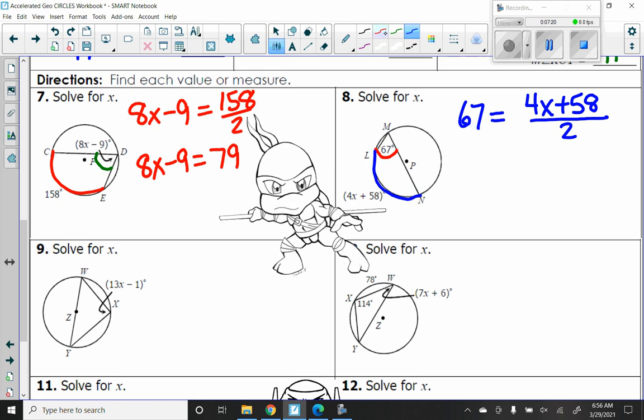If I multiply 2 to both sides, just to get rid of that 2, putting 67 times 2 in my calculator, I get 134 equals 4x plus 58, because these 2 cancel out. And then you solve that and you'd have x.